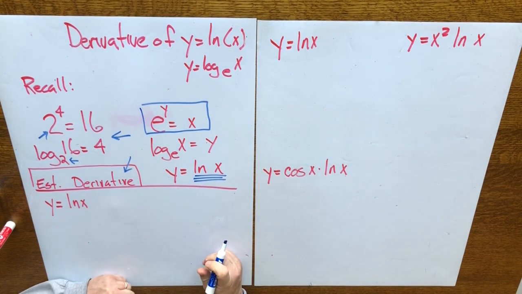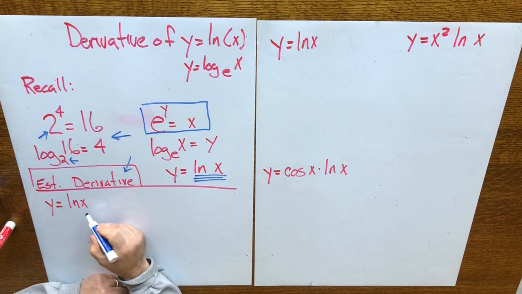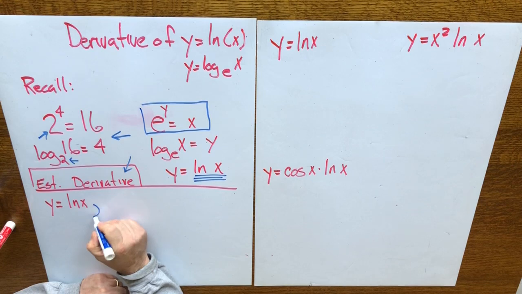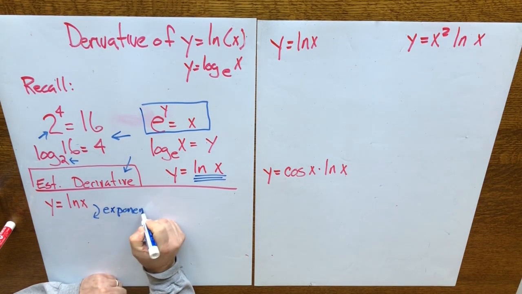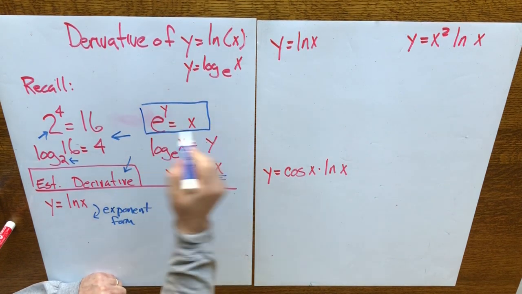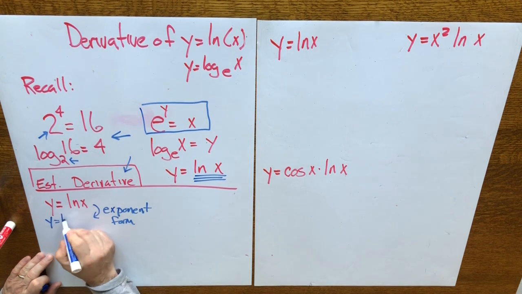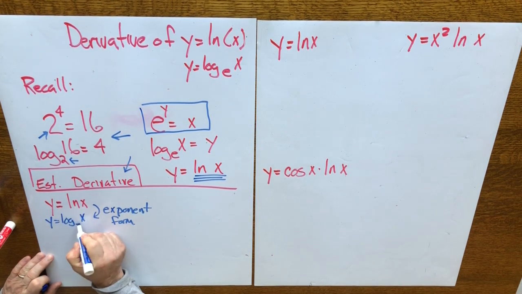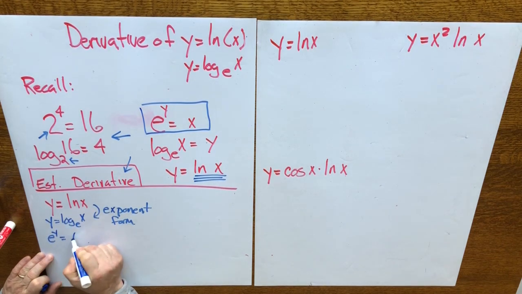So here's what we do. Rather than first principles, we are going to take this expression and rearrange it into exponent form. We can say that y equals the log of x to base e, which means e to the y equals x.